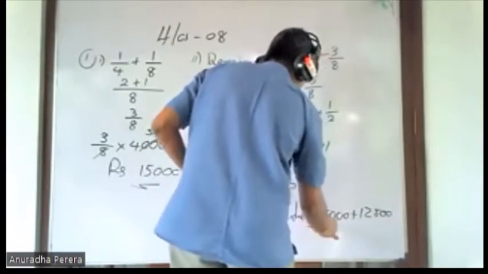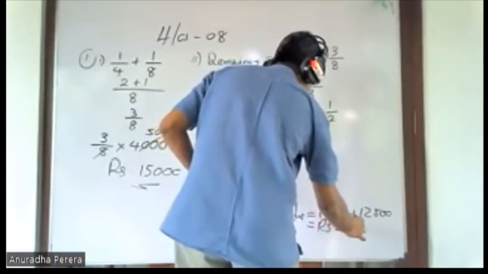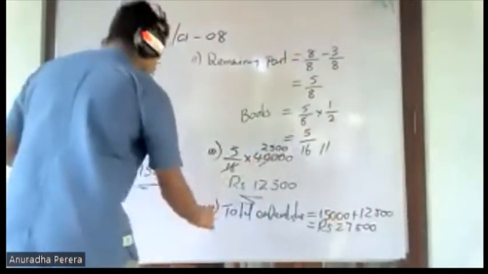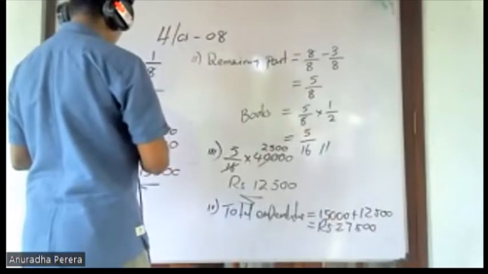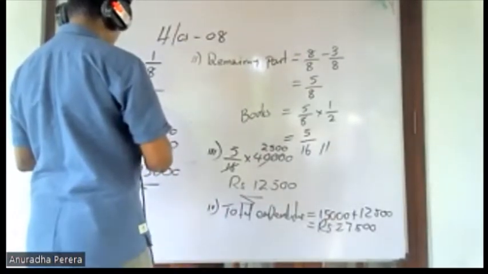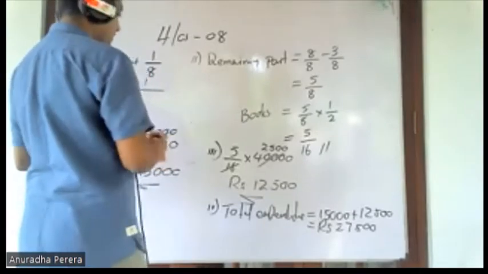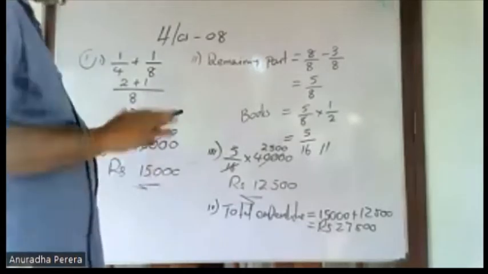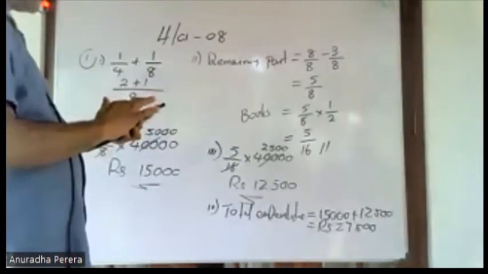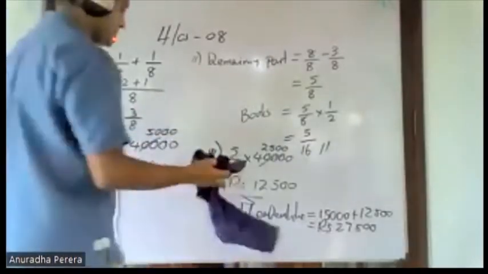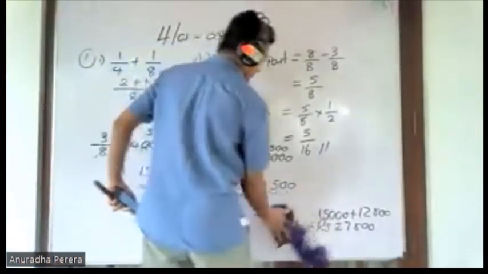Total is 27,500. Then you can determine the remaining amount. What fraction? We need only the fraction. What fraction of his salary is left over after these expenses are met? We need the fraction.